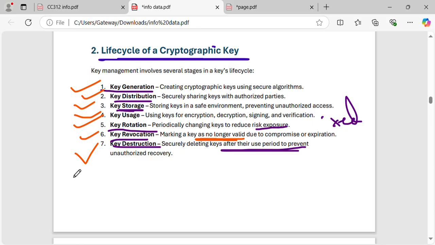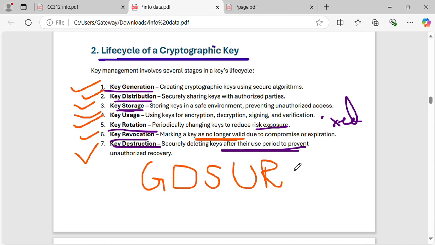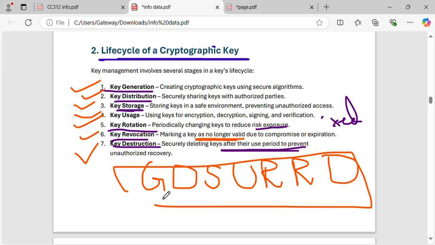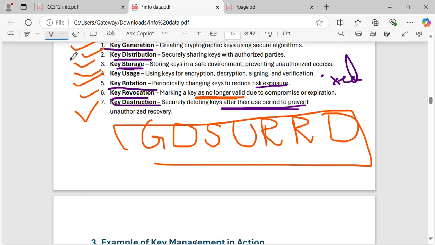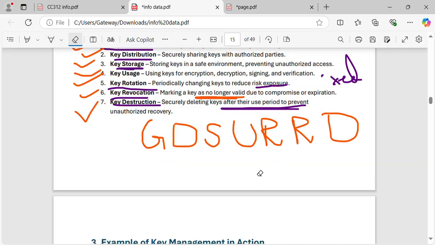Generation, distribution, storage, usage, rotation, revocation, destruction. Right, so this is a small abbreviation. It's easier to learn abbreviations than to learn the whole words.